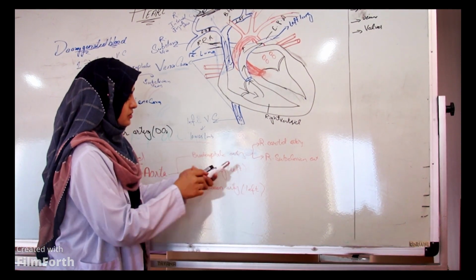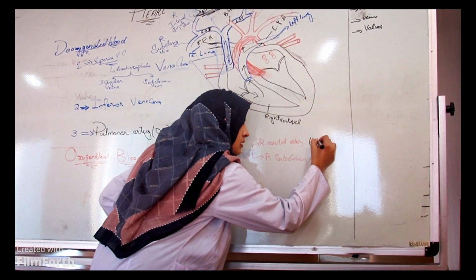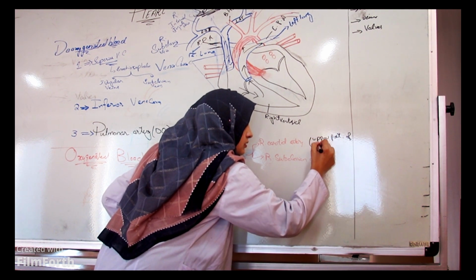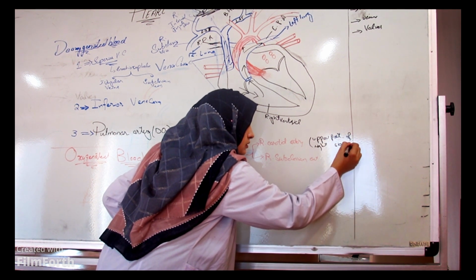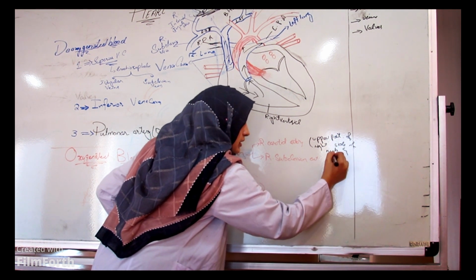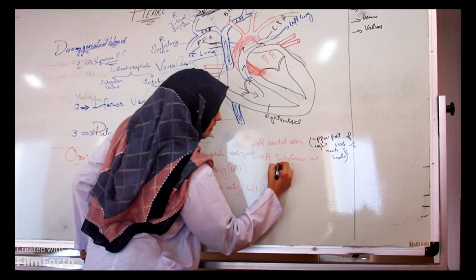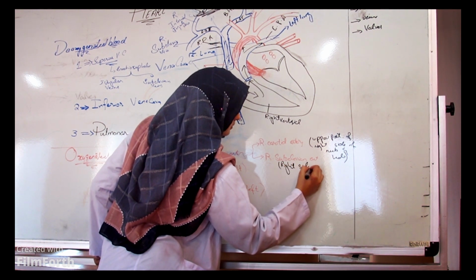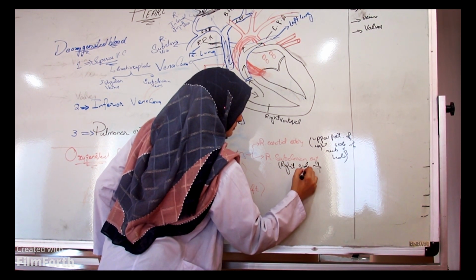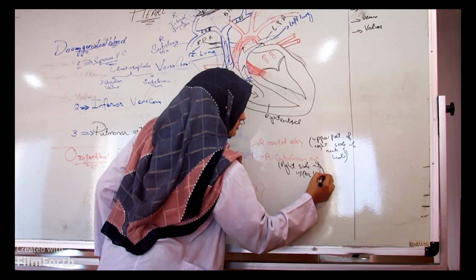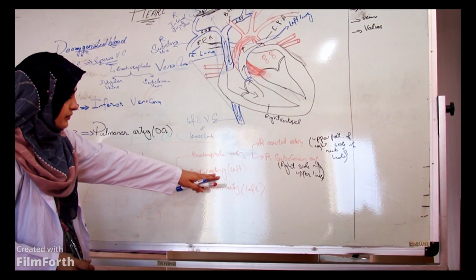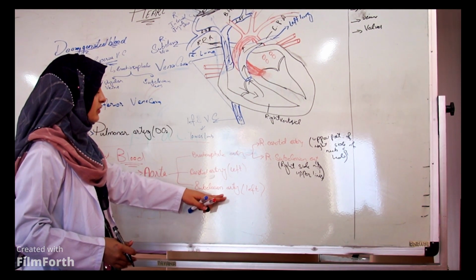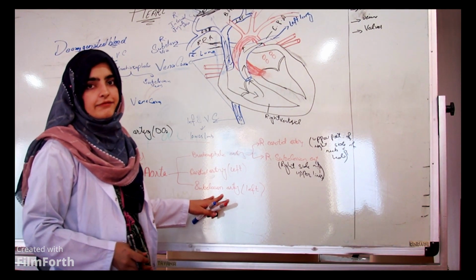The right carotid artery is going to supply the upper portion of the right side of the neck and head, and the subclavian artery is going to supply the right upper limbs. Alright, and the left carotid artery will supply the left side of the head and neck, and the left subclavian artery will supply the left upper limbs.